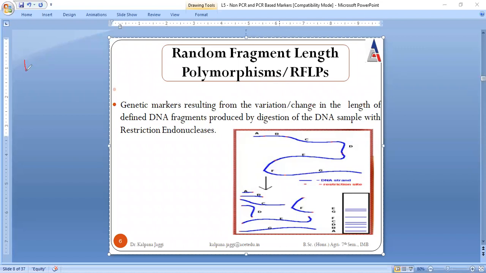Before I actually talk about this genetic marker, I would like to tell you, say we have a DNA, and the length of the DNA is defined. Defined means the length is fixed.